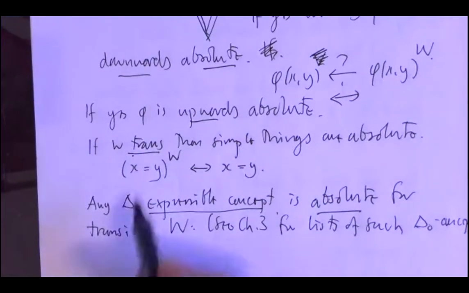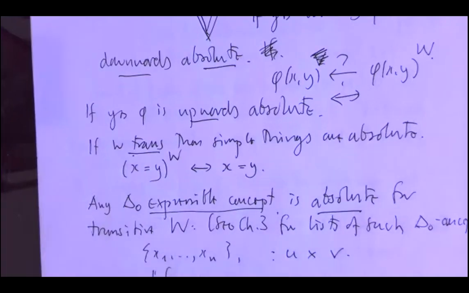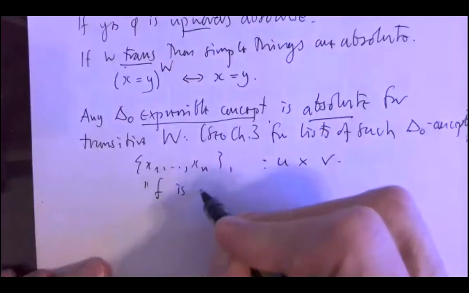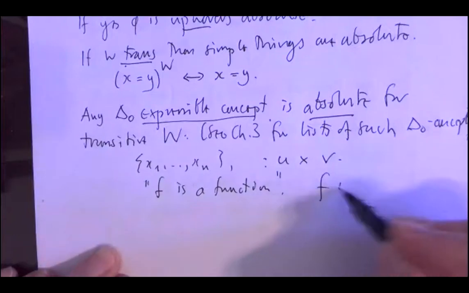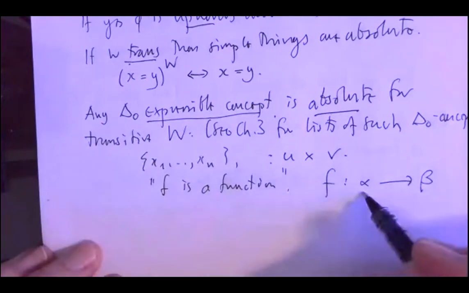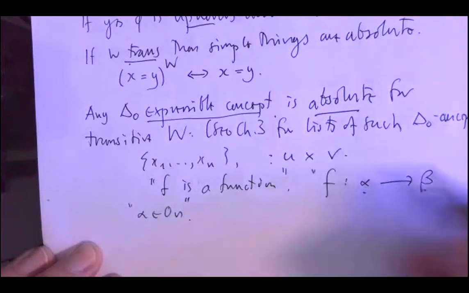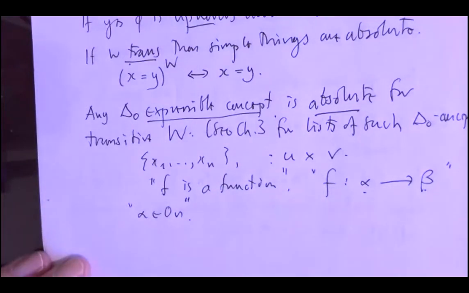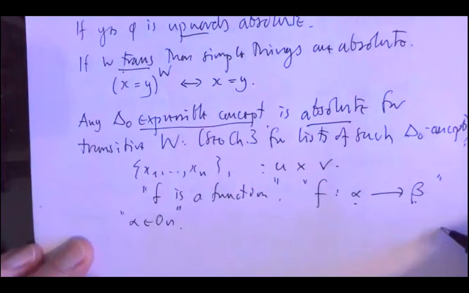So it's not just equals, but all of the kind of things we were talking about here: U cross V, F is a function, F takes alpha into beta. Well, I've already started using ordinals. Alpha is an ordinal here. All of these can be written using delta zero formulae.